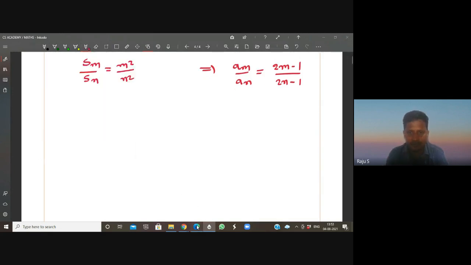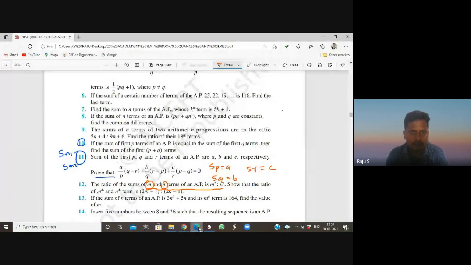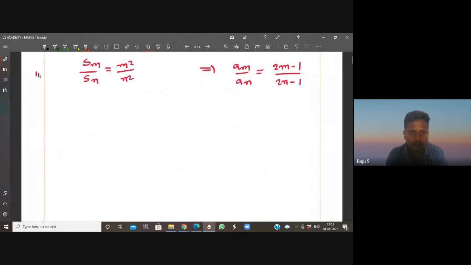This is question number 12. So what shall we do, students? Here in this question we have to show that Am by An is equal to 2m minus 1 by 2n minus 1.